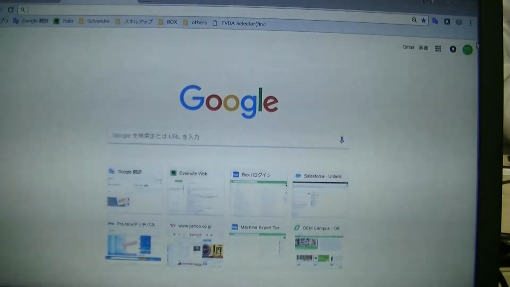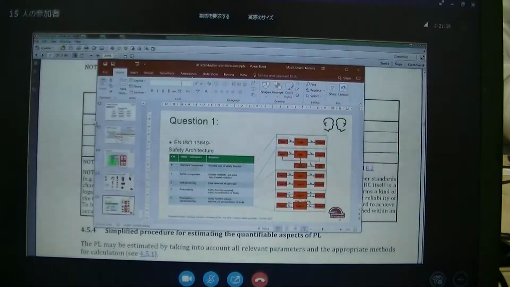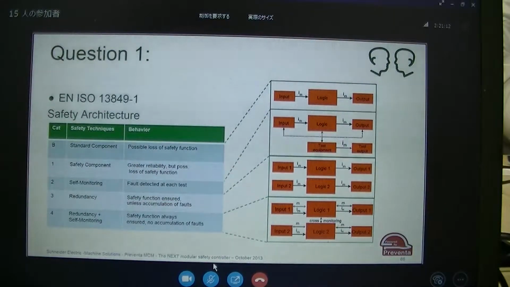For the diagnostic coverage, let's make a tiny evaluation. Now, this is very important, I think.